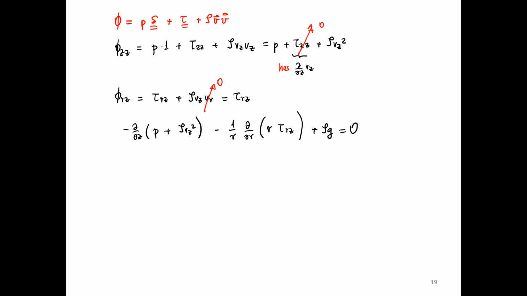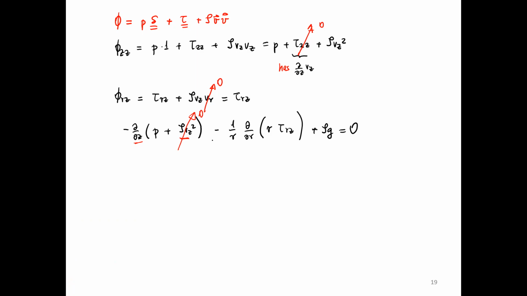Excellent. Now I'm going to also recognize that Vz does not depend on z. Therefore, the partial derivative with respect to z of rho Vz squared will be 0. So what is left is I'm going to put tau rz on one side and everything else on the other.